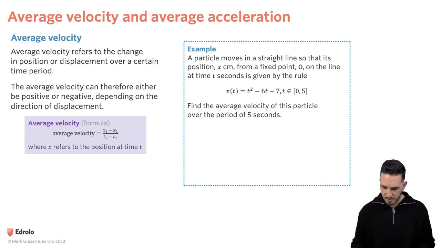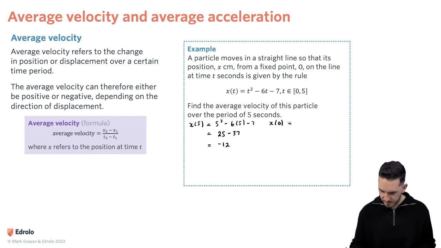So average velocity we know is going to be with the formula on the left-hand side. The first thing you want to do is find x of 5. That's going to be 5 squared minus 6 times 5 minus 7, which is equal to 25 minus 37, which is equal to negative 12.